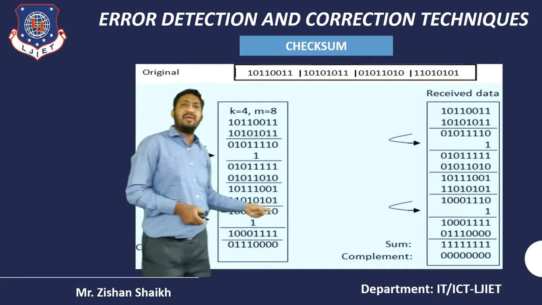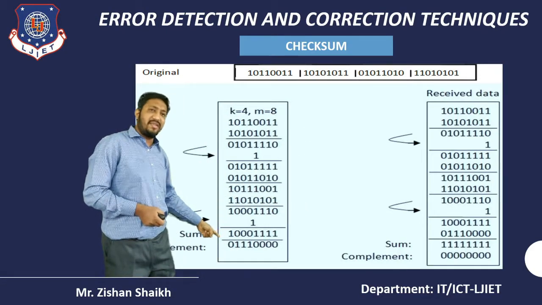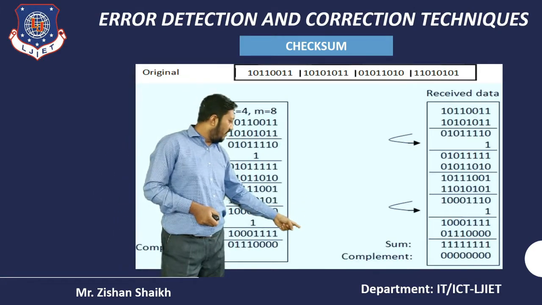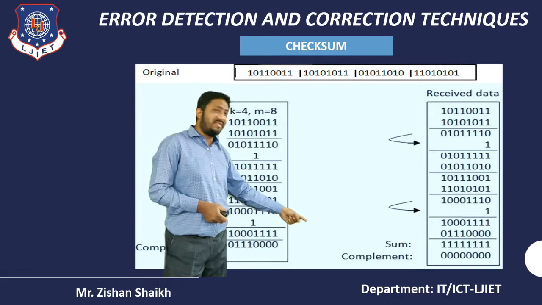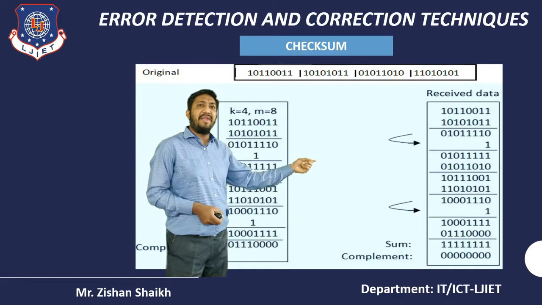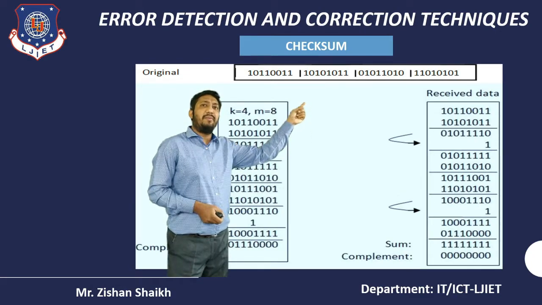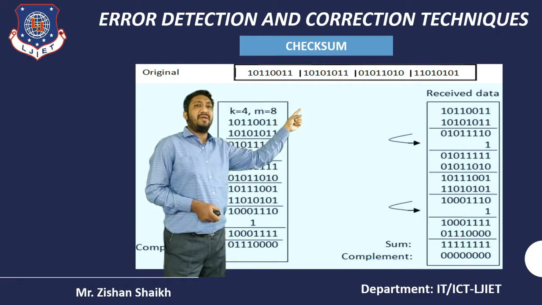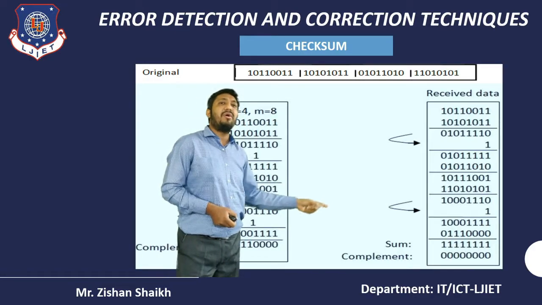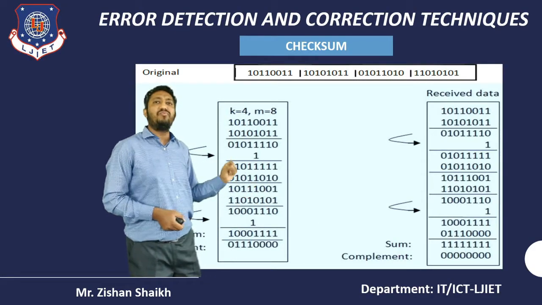Then I add the checksum received from the sender side, and the sum is 1 1 1 1 1 1 1 1. All the bits are 1.